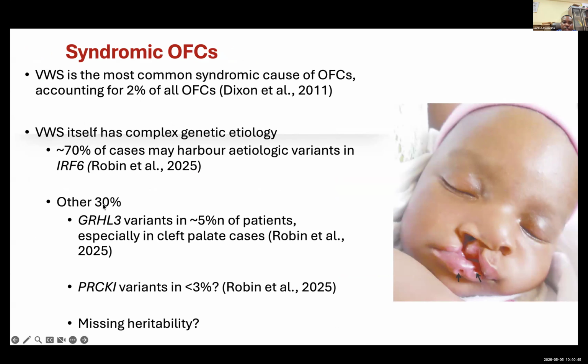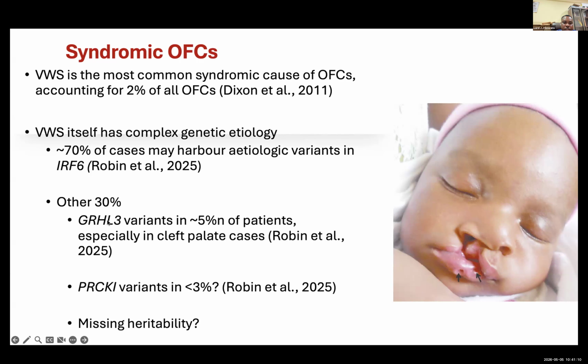For about 30% of them, we may not find IRF6 gene mutations. We know now, for example, that about 5% of them that present with cleft palate may have mutations in the Grainyhead-like 3 gene. And quite recently, our group showed that there are instances where we can also find mutations in the PRICKLE1 gene in individuals that lack mutations in the IRF6 gene.